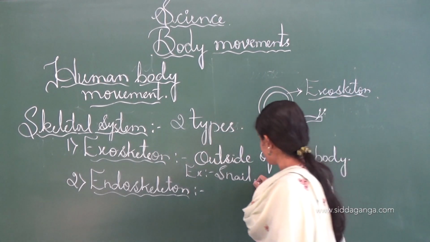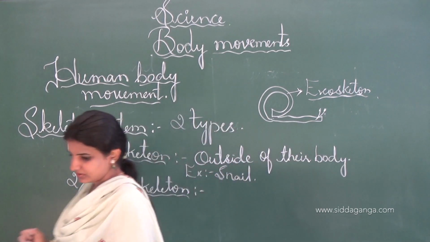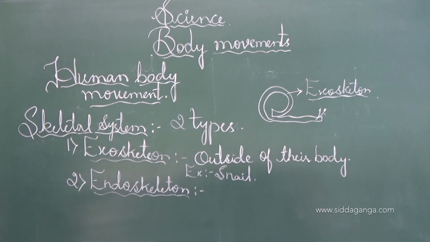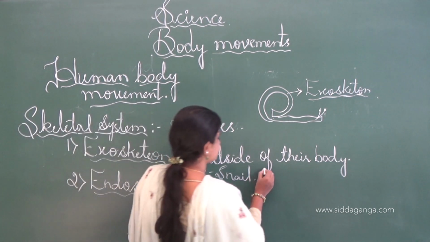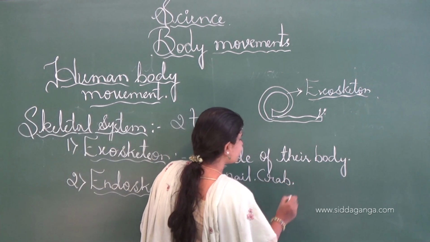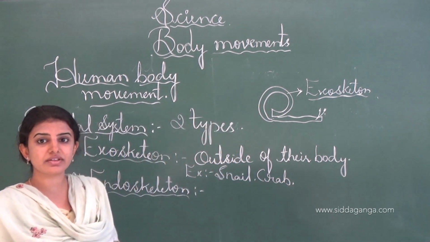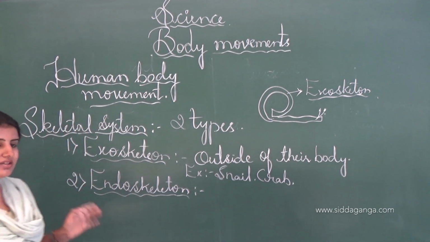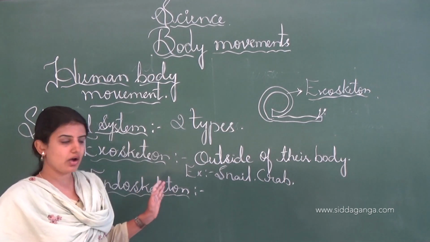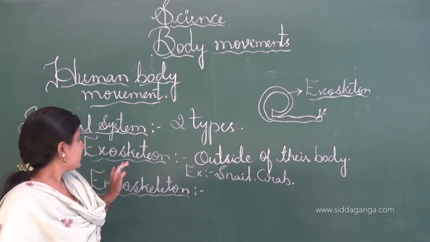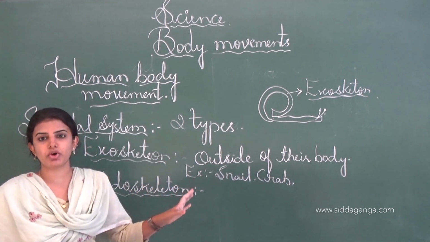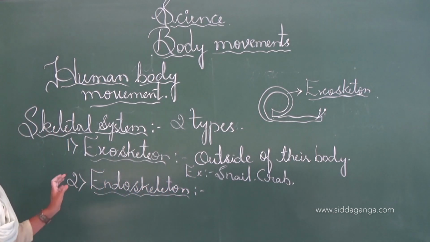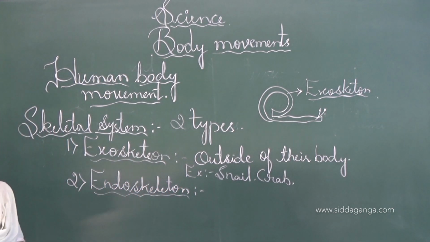And one more is the crab. In a crab also the outer part is hard whereas the inner part is soft in nature. Such organisms are called exoskeleton organisms, where the skeleton system is present outside of their body.